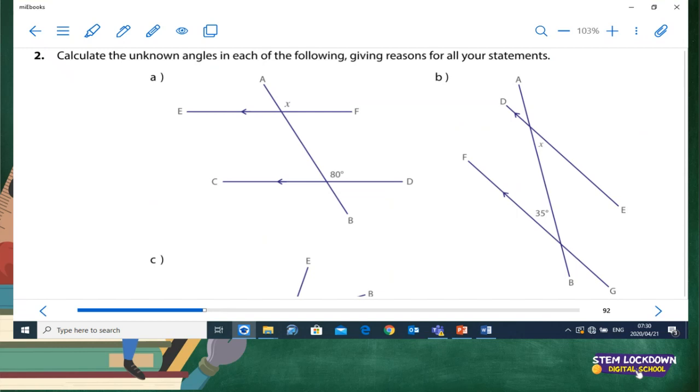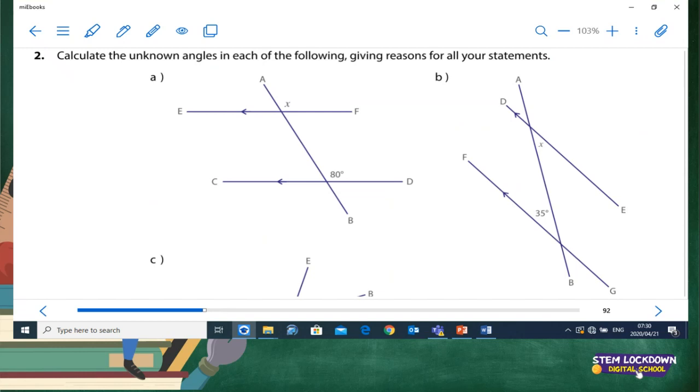And of course, they form what is known as alternate angles. So X and 35 degrees are alternate angles. So what does that mean? This means that the alternate angles in this case will be equal because the two lines are parallel. You've got the line DE there, which is parallel to the line FG.